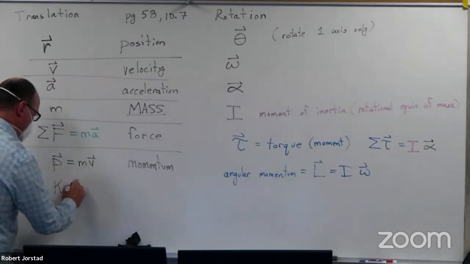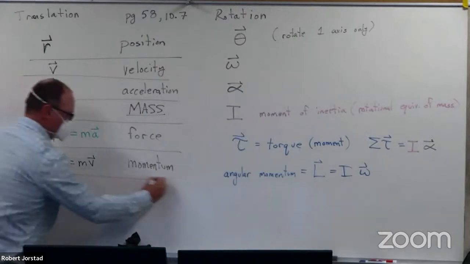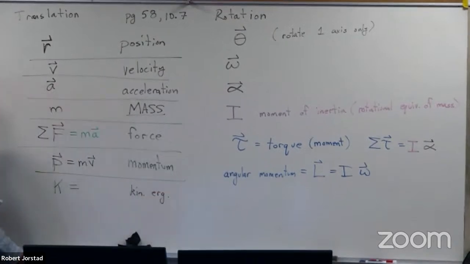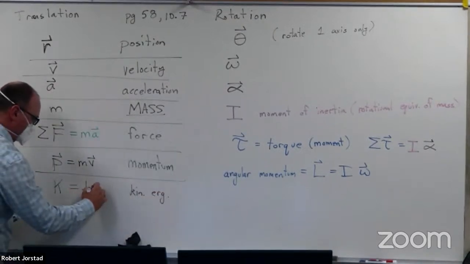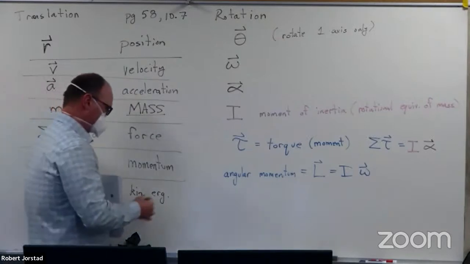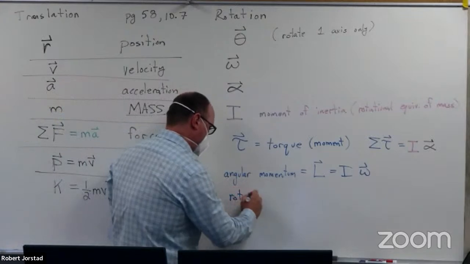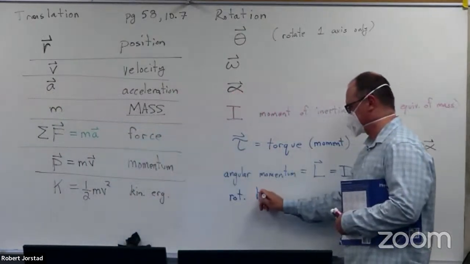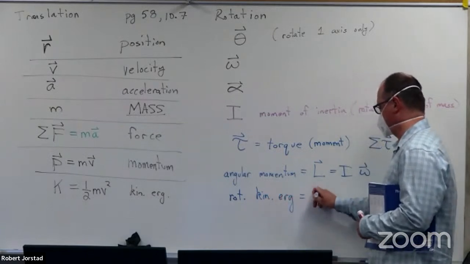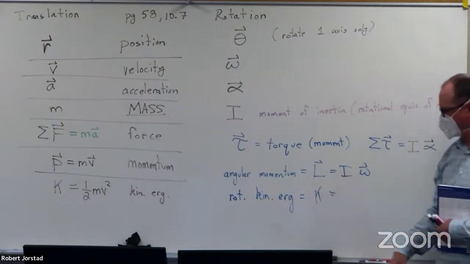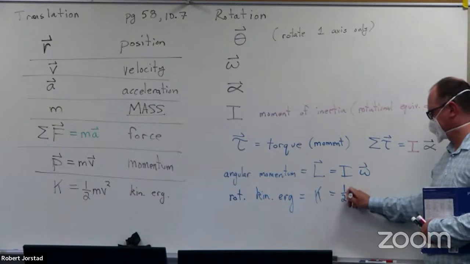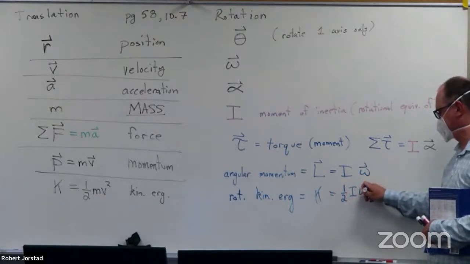What's kinetic energy? 1/2 mv squared. Well, what's rotational kinetic energy? We're going to use the same symbol K. What would the equivalent be? 1/2 moment of inertia, omega squared.